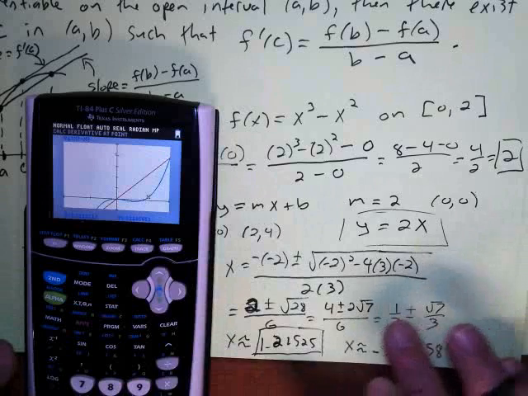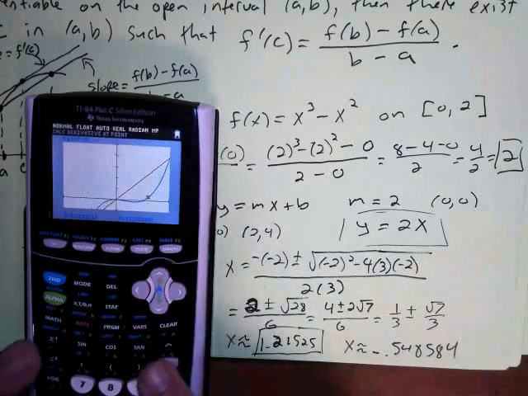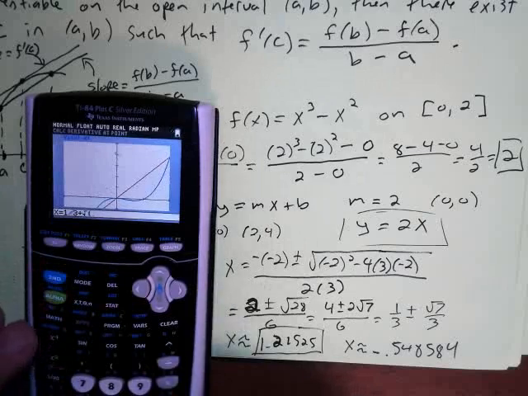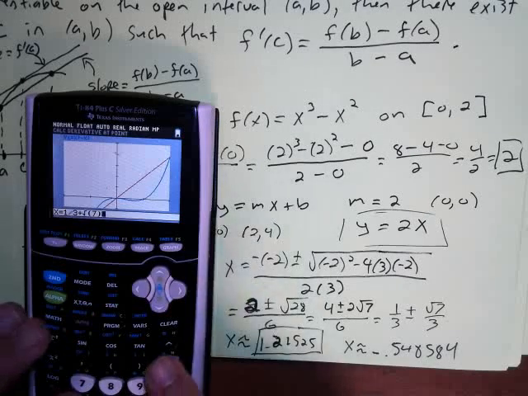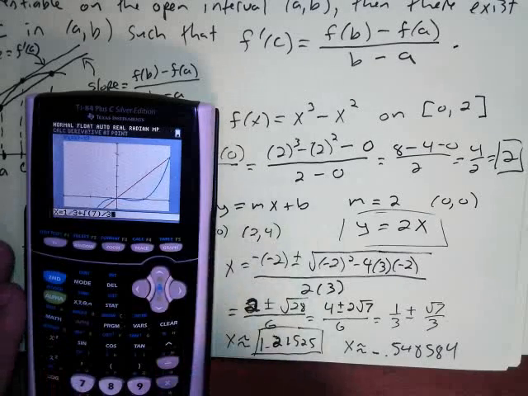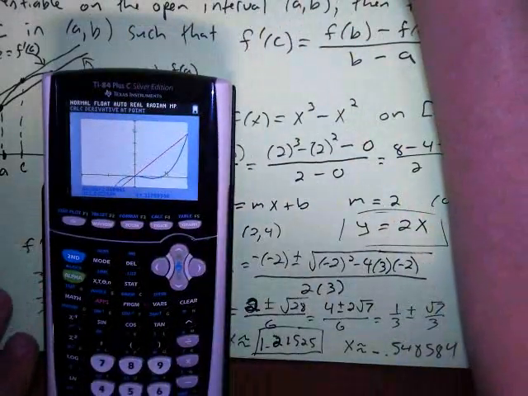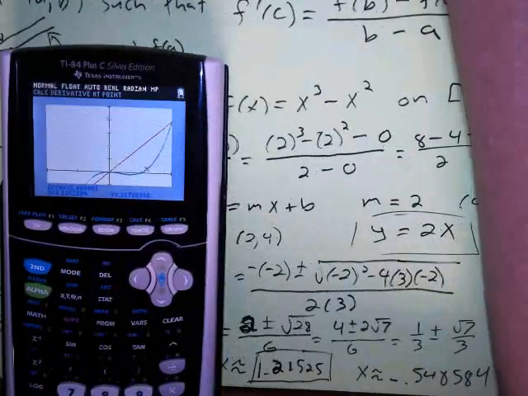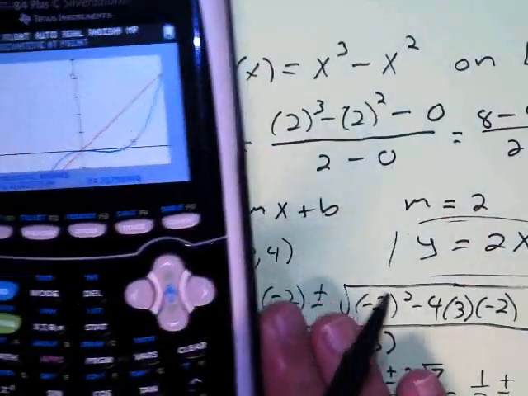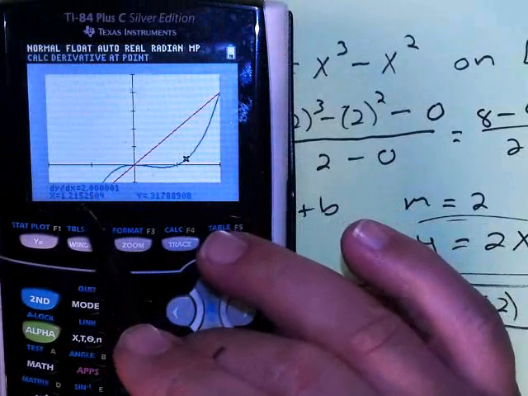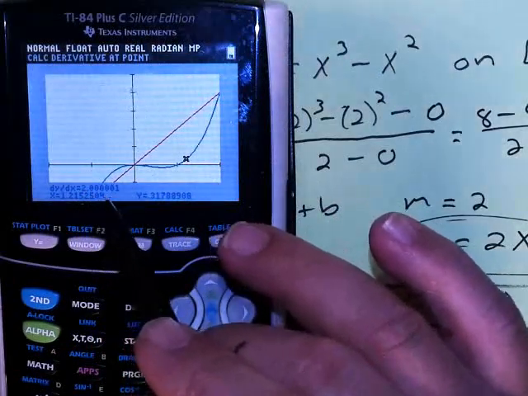In other words, I'm going to type this in: 1 divided by 3 plus square root of 7, and then divide that by 3. And when I hit return, it's actually giving me the derivative. It's really hard to see on here. I don't know if I can zoom in. It gave it to me as 2.0000001.